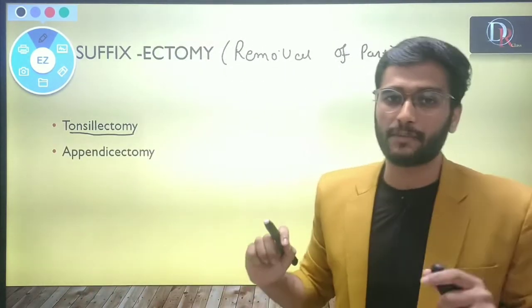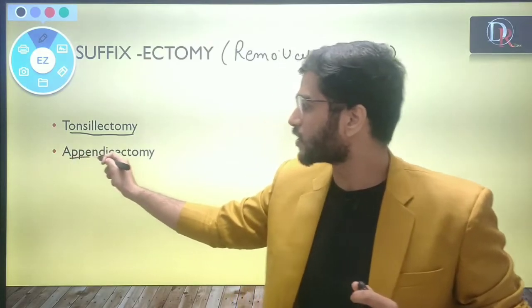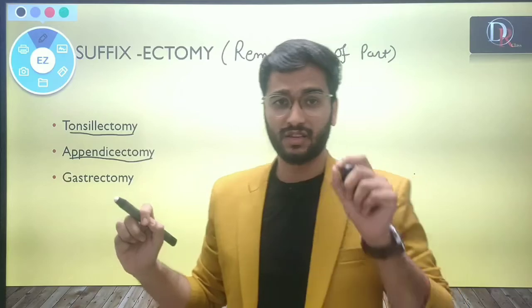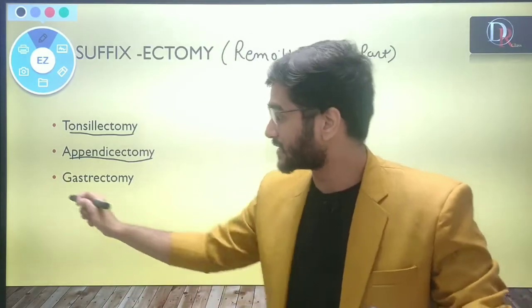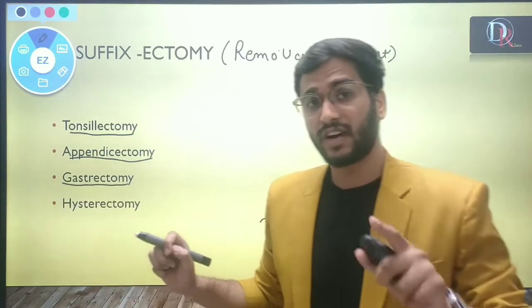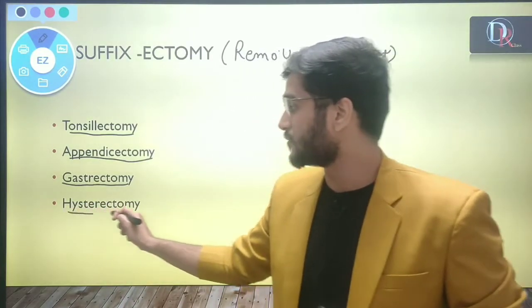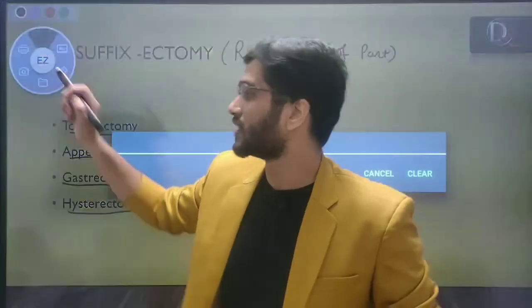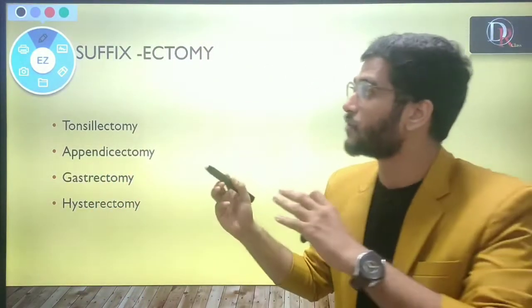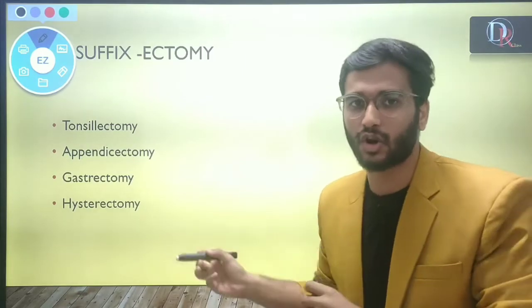The next one is appendectomy, which is the surgical removal of the appendix. Gastrectomy is the surgical removal of any part of the GIT, and hysterectomy is the surgical removal of the uterus. So these were the terms related to ectomy, which is the removal of that particular organ.